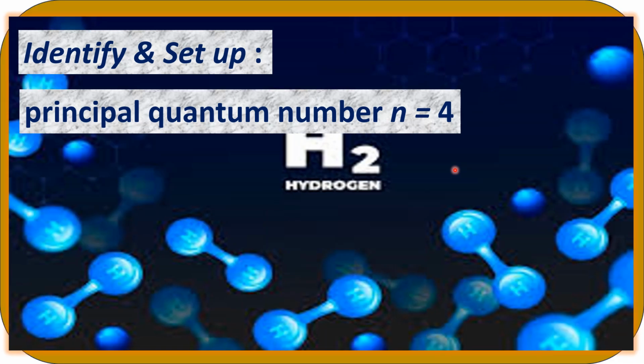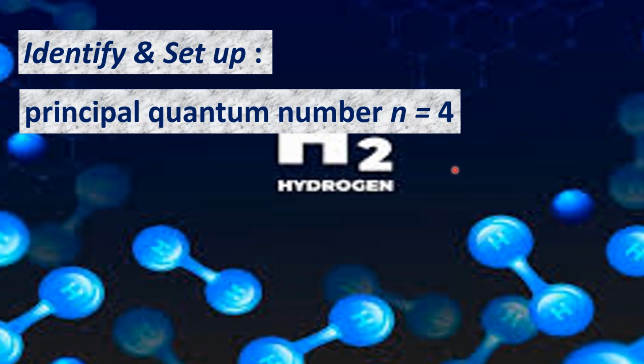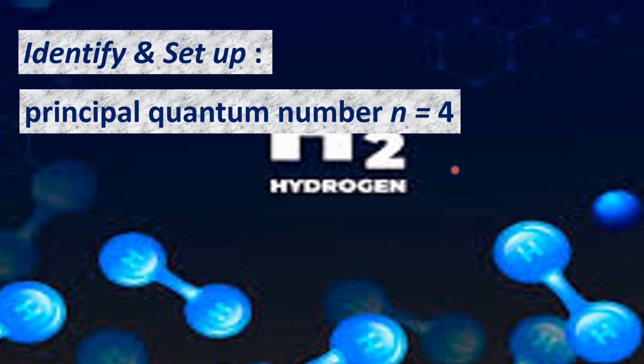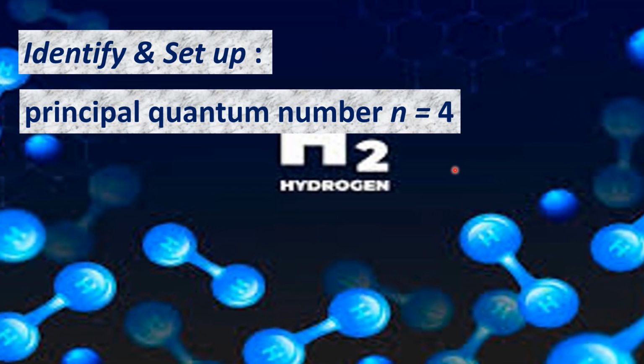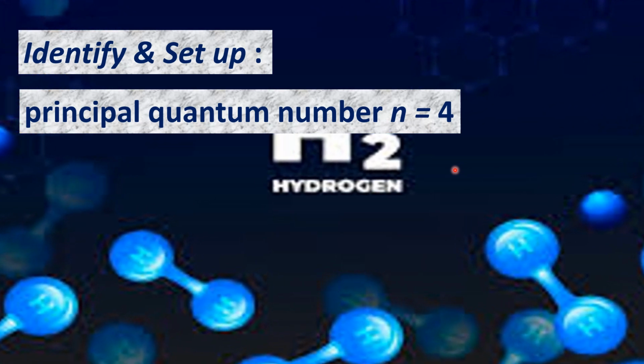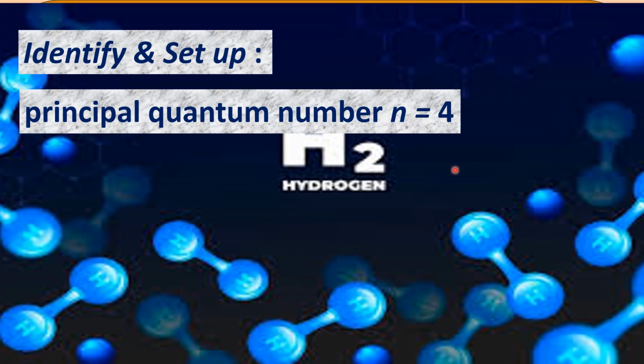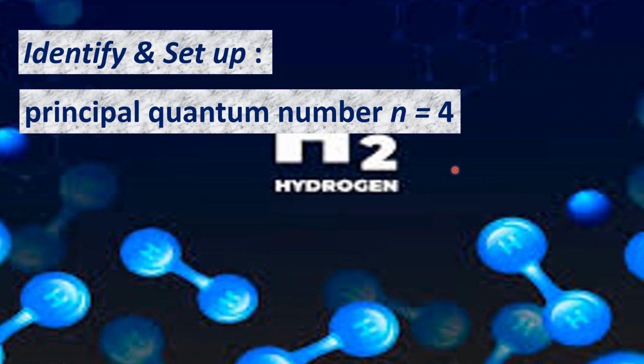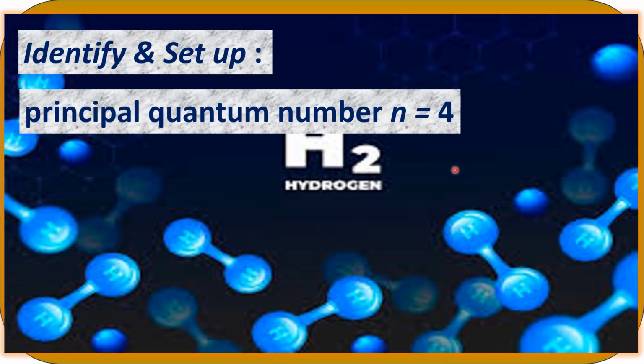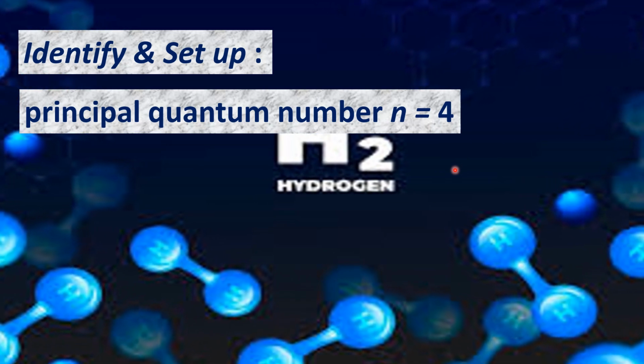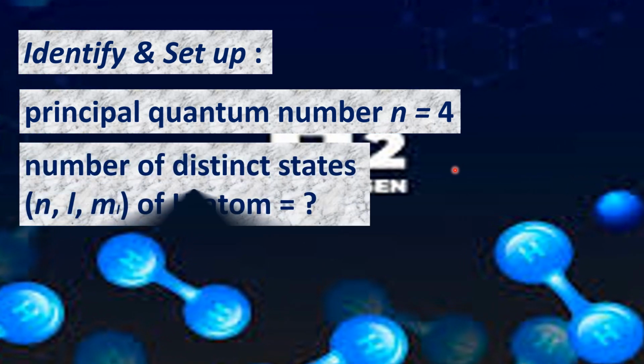So that is what we're going to discuss. We are looking for the total number of distinct states of the hydrogen atom, and we'll do this by first finding the orbital quantum number and the magnetic quantum number.